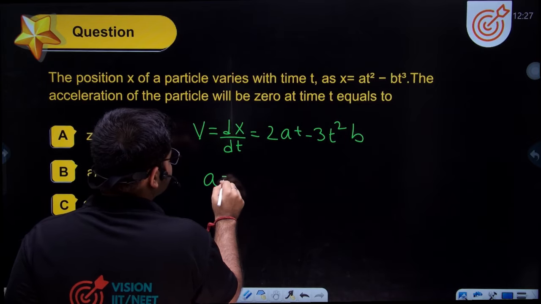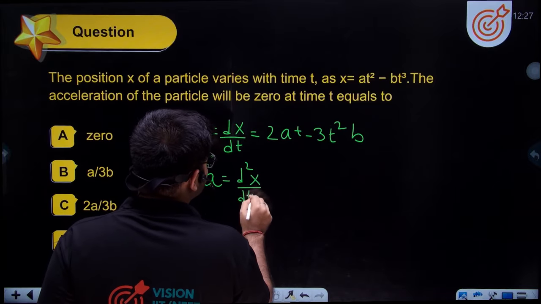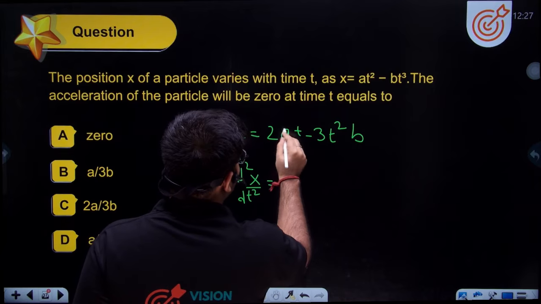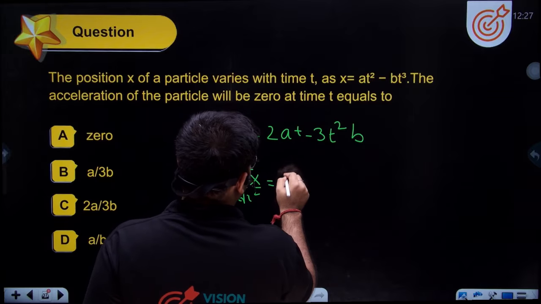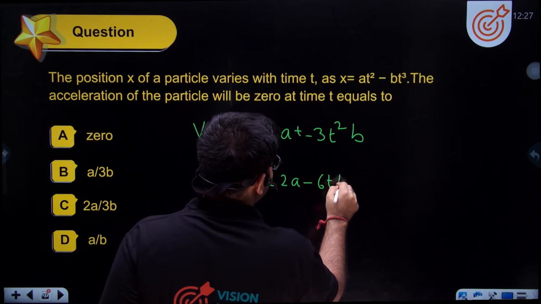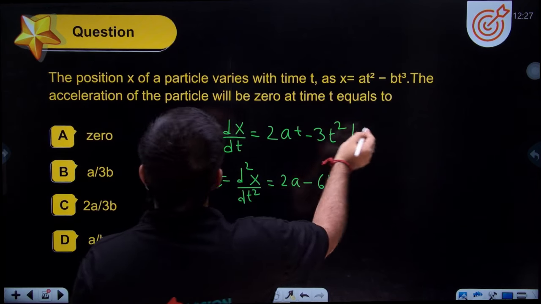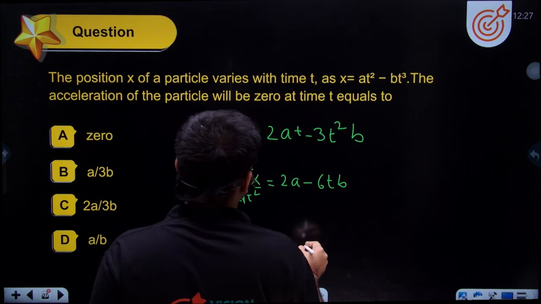Now my acceleration is going to be d2x dt2. So it is going to be 2a minus 6tb.